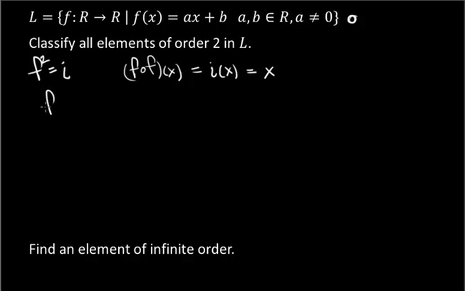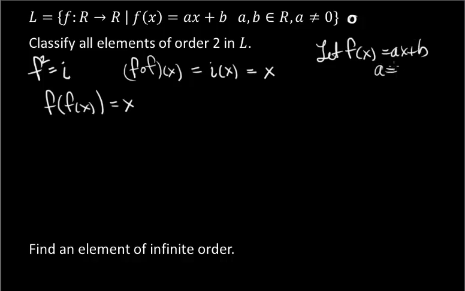So we want to solve f(f(x)) equals x. What functions will satisfy this? Well, in general, let's let f of x be equal to ax plus b, where we know a is not 0, and let's see what this gives us.